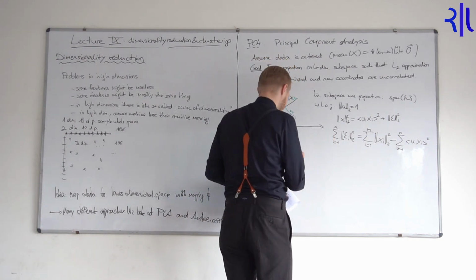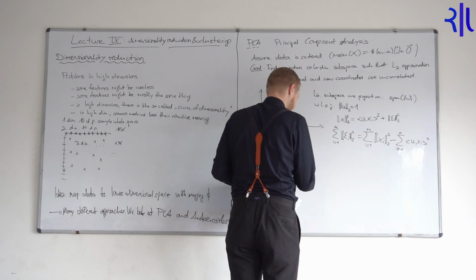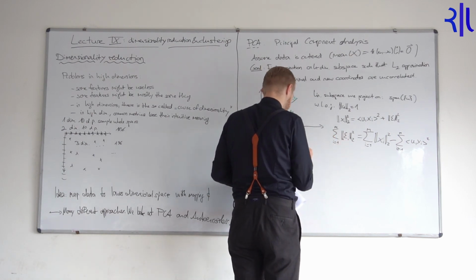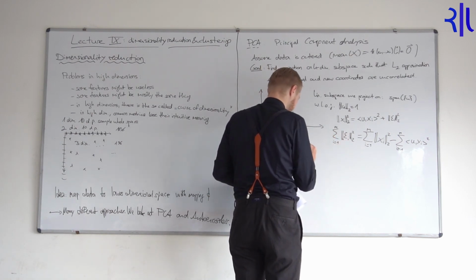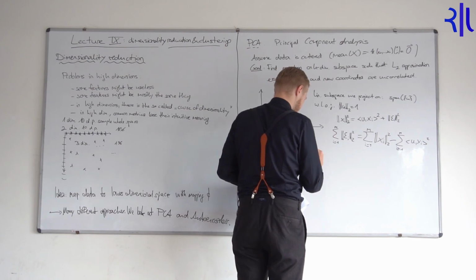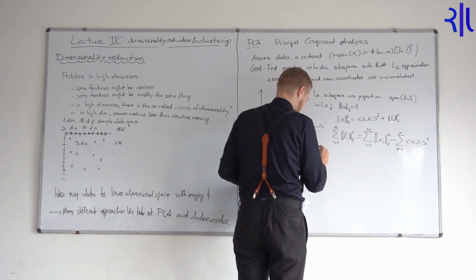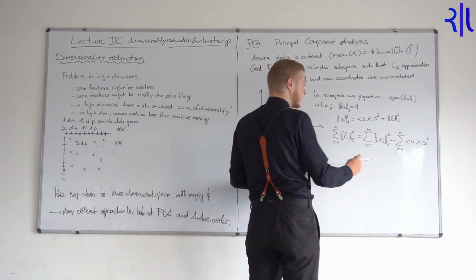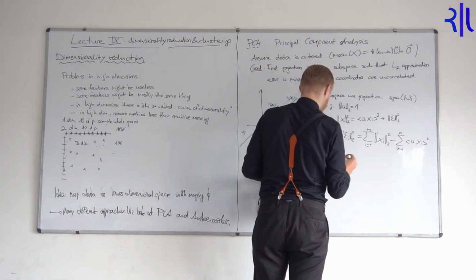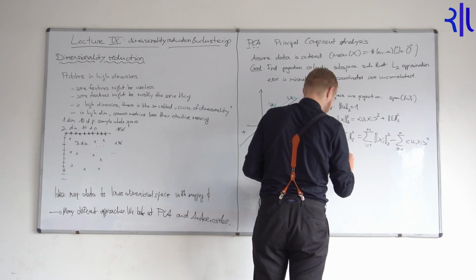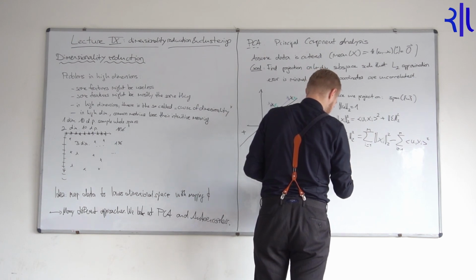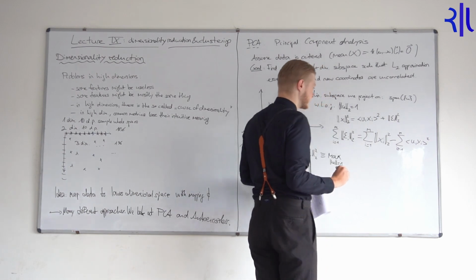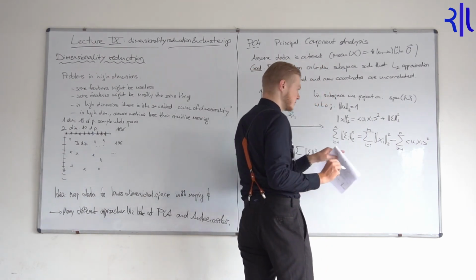That means if you want to minimize this term, it is the same thing as maximizing this term, subject to the constraint that the length of U is equal to 1.